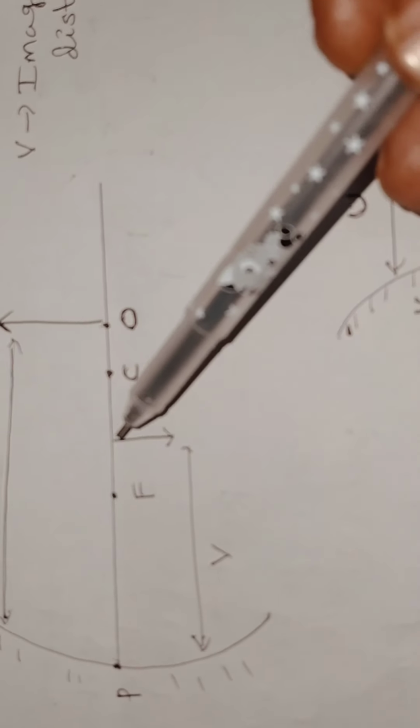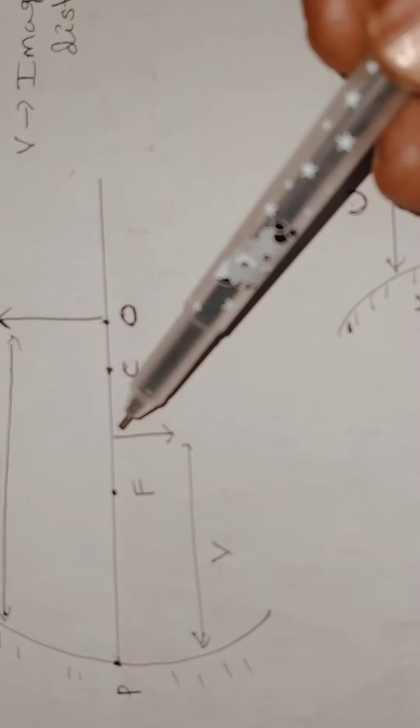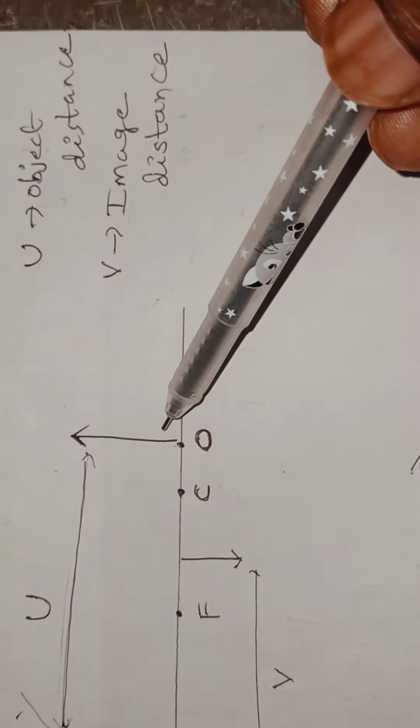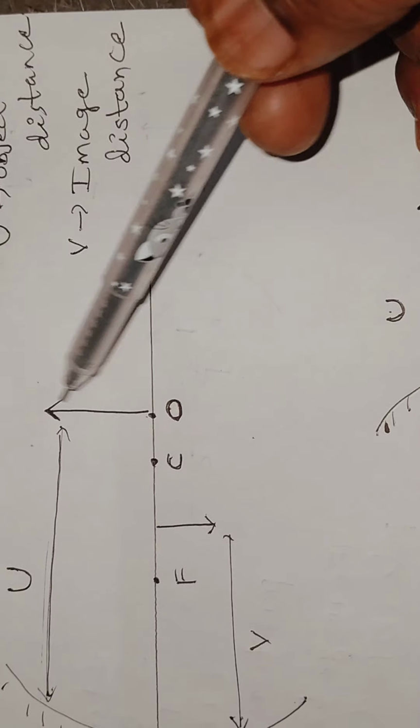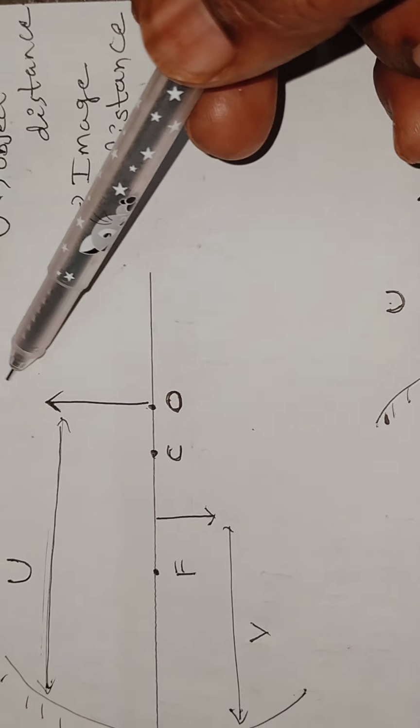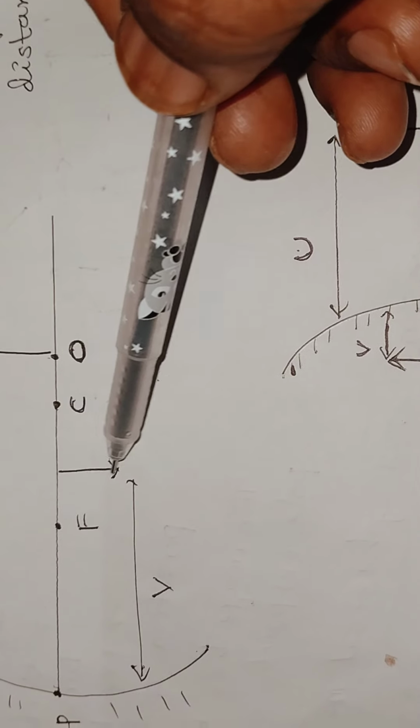So the height along the negative y direction is taken as negative. Height of object along the positive y direction is taken as positive, and this is the negative y direction.